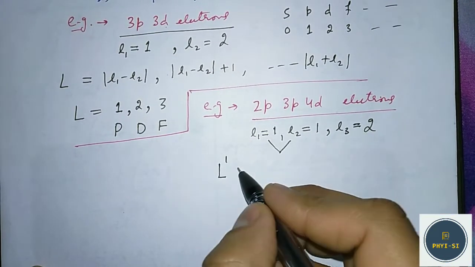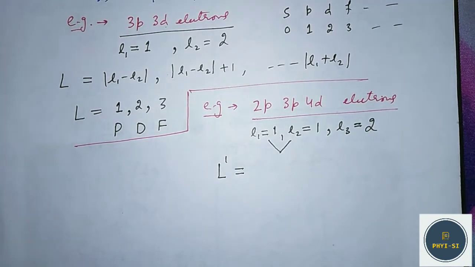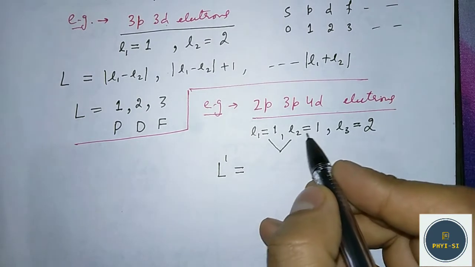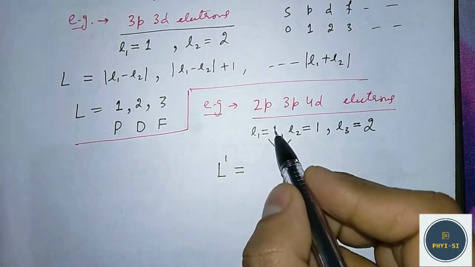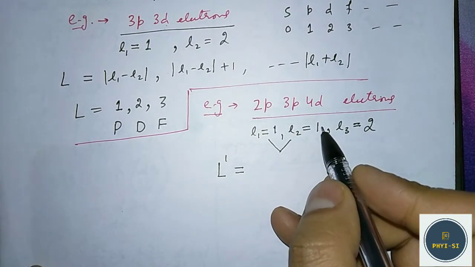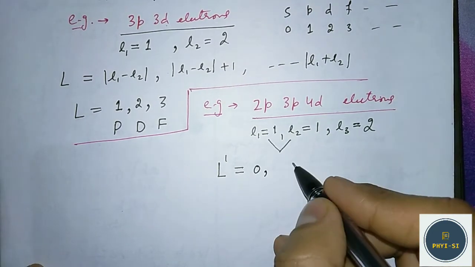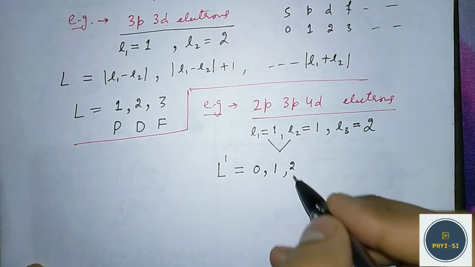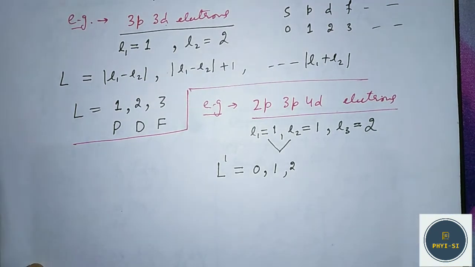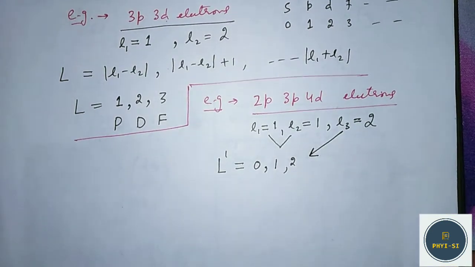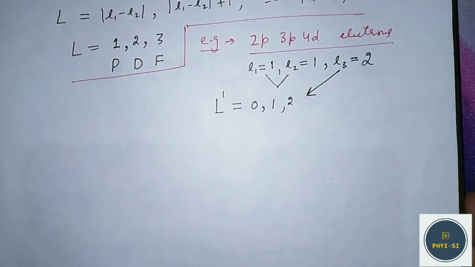Let's say it is L dash. If it is L dash, then it goes from 1 minus 1 to 1 plus 1. So 1 minus 1 is 0, and 1 plus 1 is 2, and in steps of 1 we will have these three values. Now these three values will interact with the L3 value.